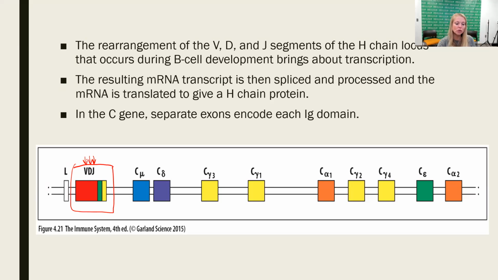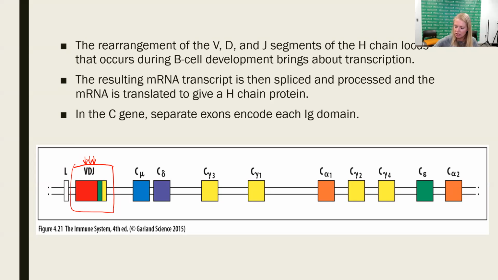And so once we have those V and D and J segments in juxtaposition, then transcription can occur. mRNA will be created from transcription and then is going to be spliced and processed just like any mRNA is spliced and processed.